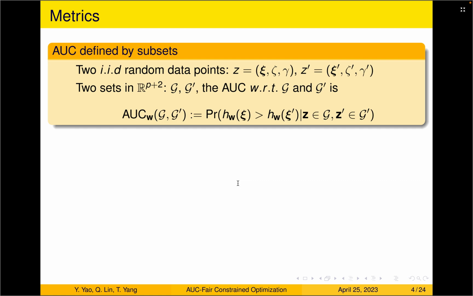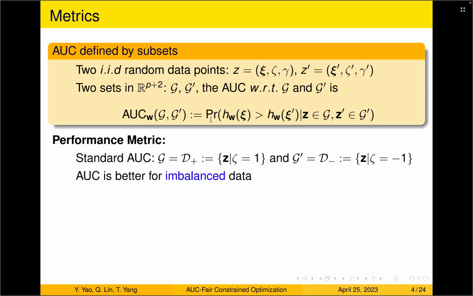Before we talk about the metrics, we need the definition. We first need the AUC defined by subsets. We have two IID random data points, z and z prime, and two sets, g and g prime. Then the AUC with respect to g and g prime is defined as this conditional probability.